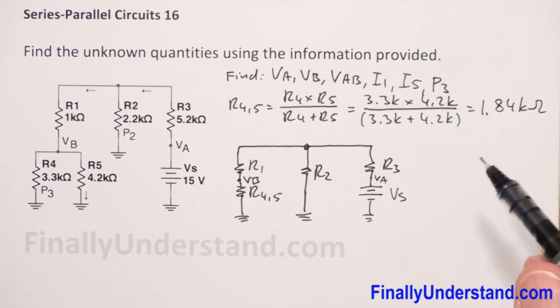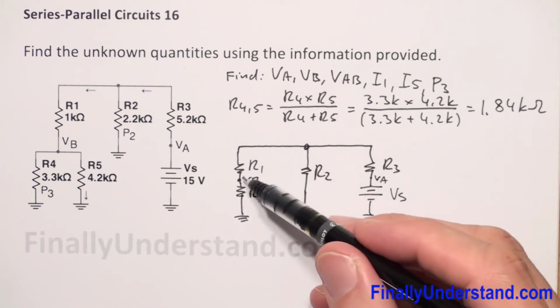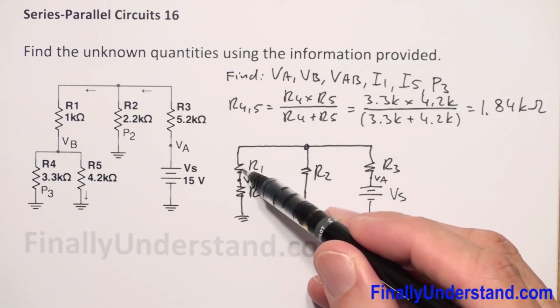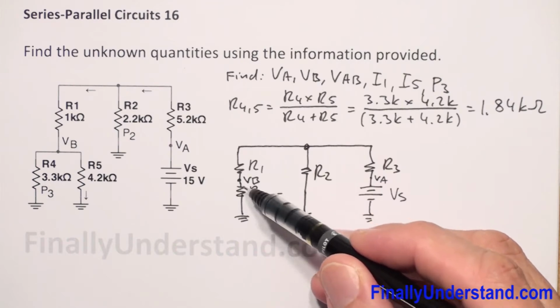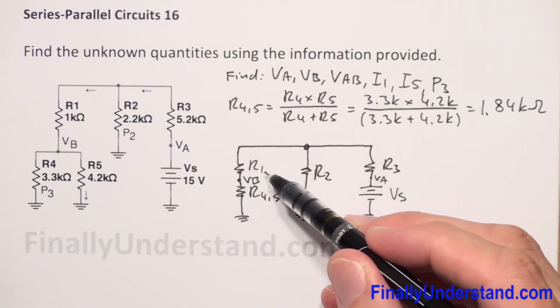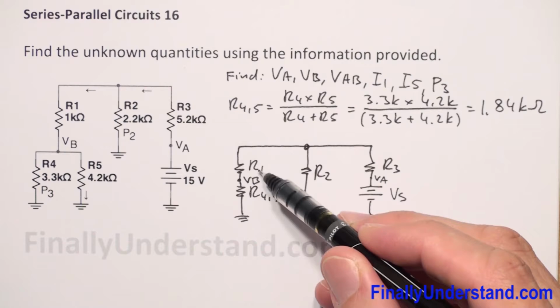Next, I'm going to simply add these two resistances because these two resistors are in series, as you can see, right? So I can find the equivalent resistance for these three resistors.